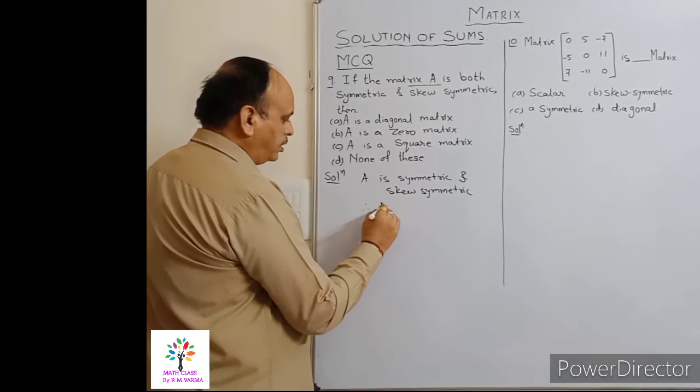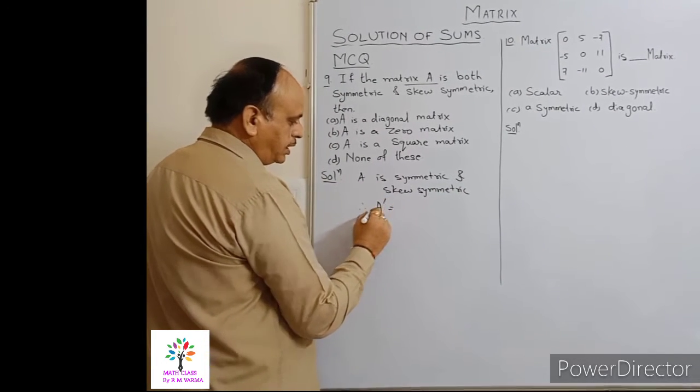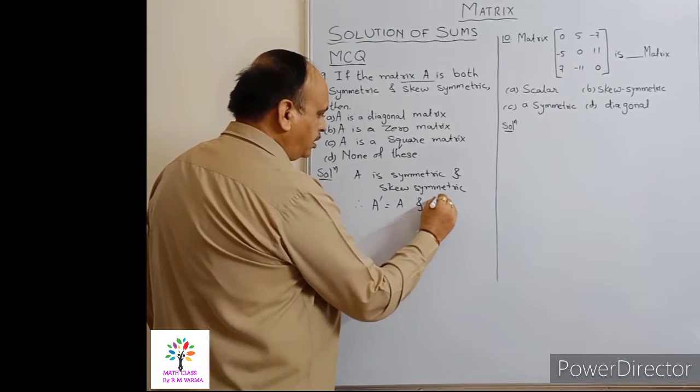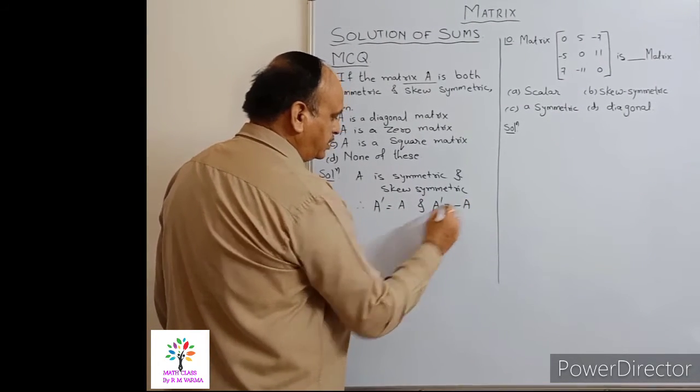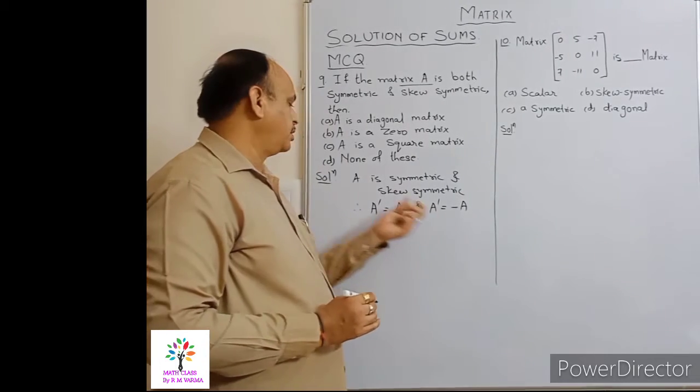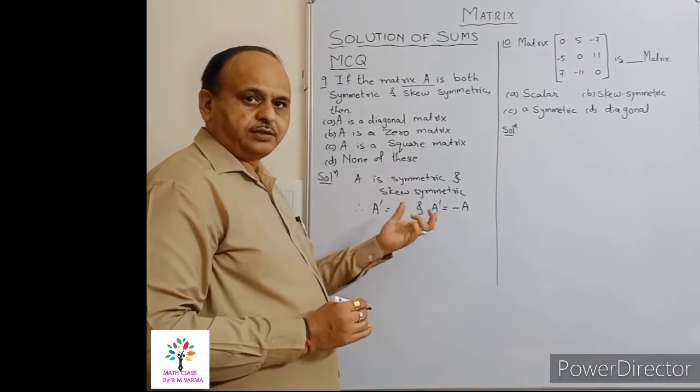Therefore, A dash, that is A transpose, equals A, and A transpose equals minus A. This is symmetric, this is skew symmetric, right? So A is both symmetric and skew symmetric.